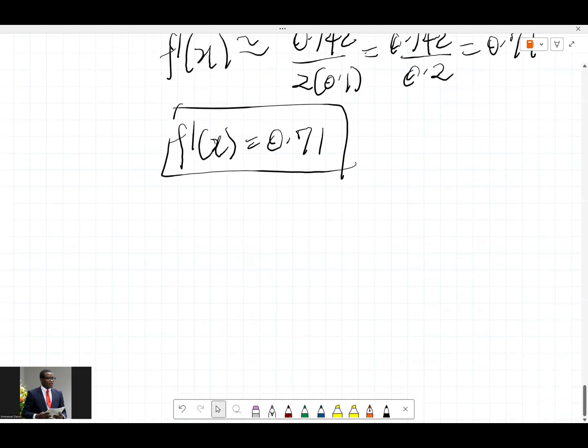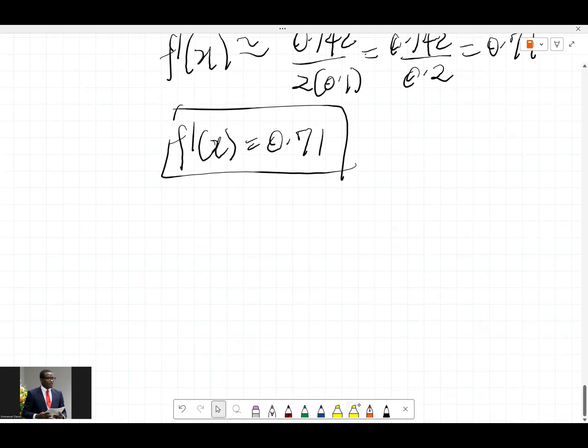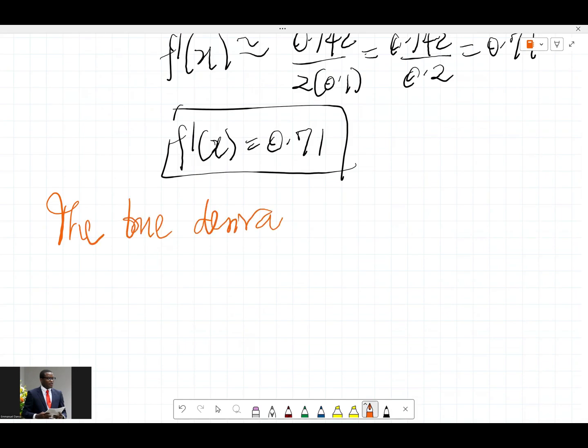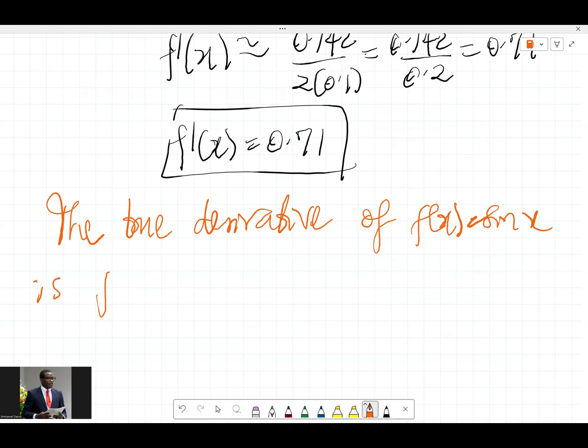Does that look like something we can verify? Let's see. The true derivative of f of x, which is equal to sine x, is f prime of x equals cos x.